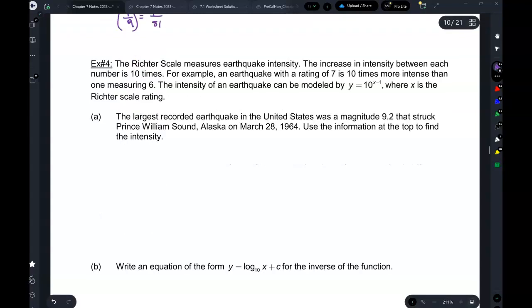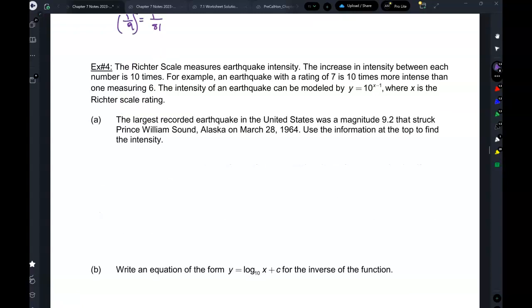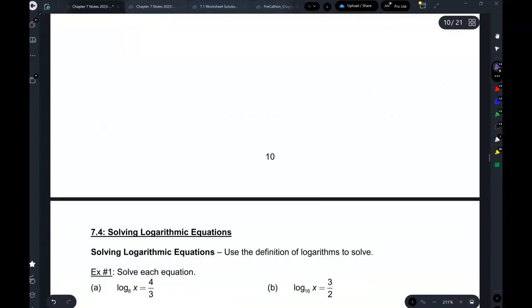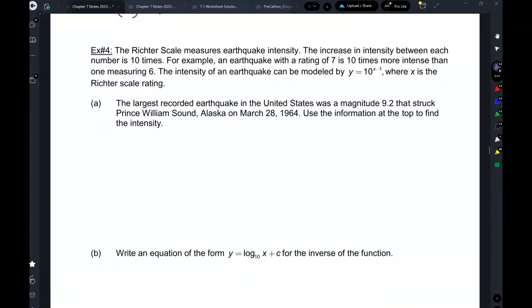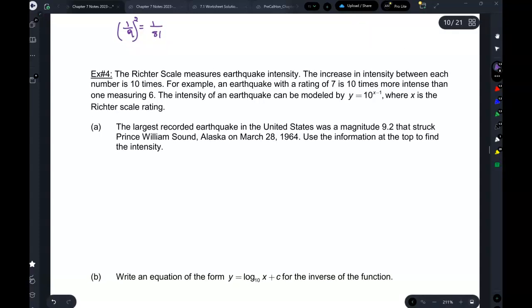Okay. So where is this used? There are many places where this is used. One of those is the Richter scale. What does the Richter scale measure? Earthquake intensity. The increase in intensity between each number is 10 times.